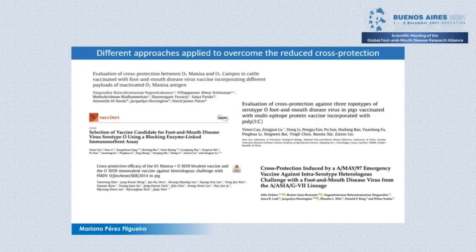Based on that, different groups have developed different strategies to cope with this problem, and somehow they proved to increase the payload, to test different strains other than the original ones, or sometimes mix more than one strain.